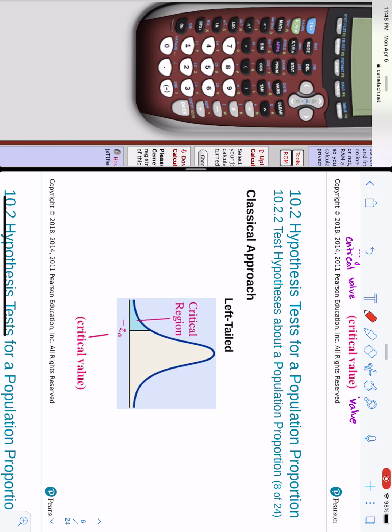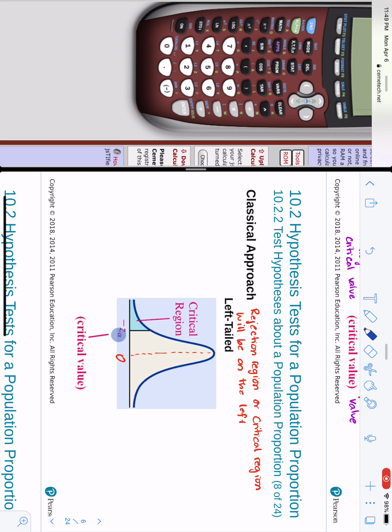So what if the test happens to be a left-tailed test? If it is a left-tailed test, the rejection region or the critical region will be on the left. So 0 would be right in the middle, and in this case we would only have a negative critical value. So if you notice, you would see alpha and not alpha over 2.